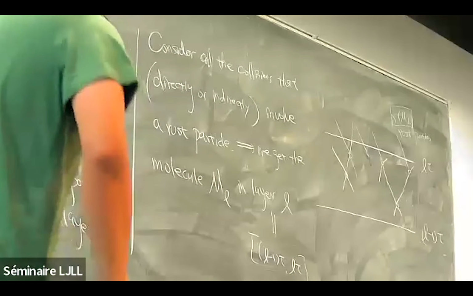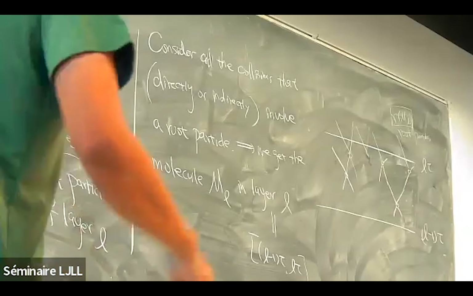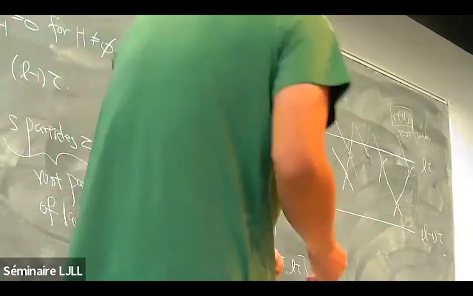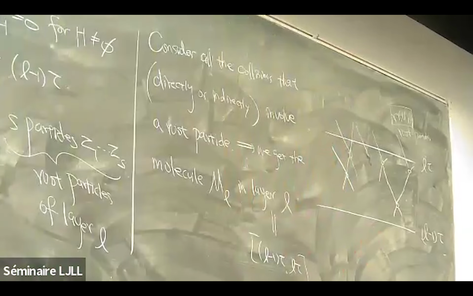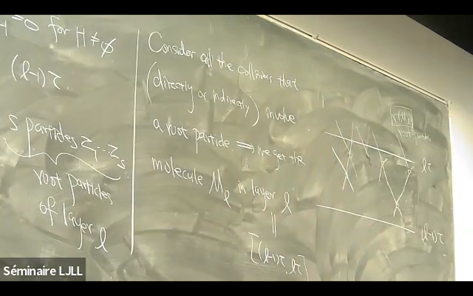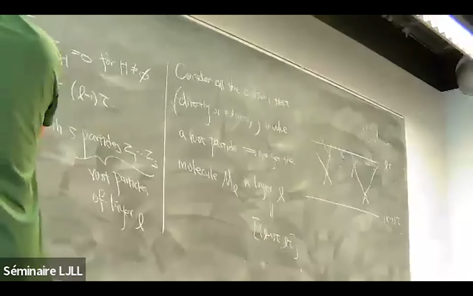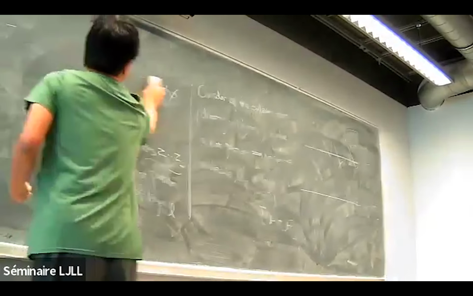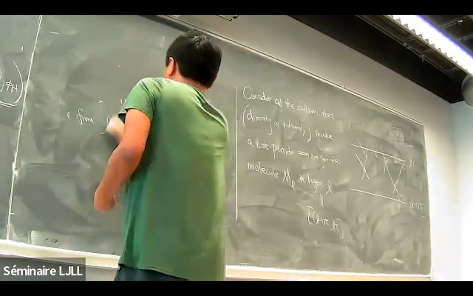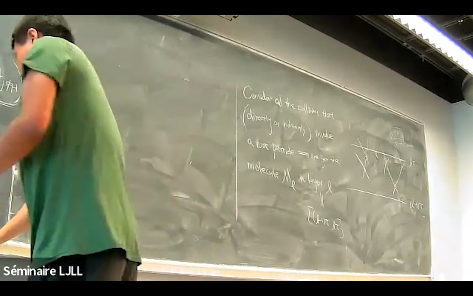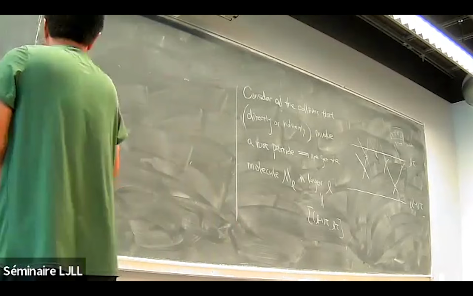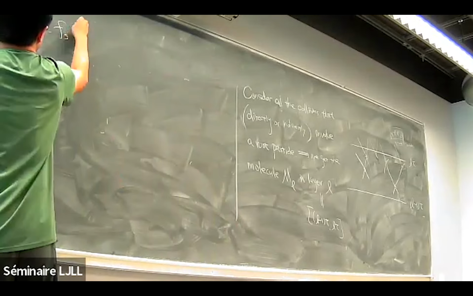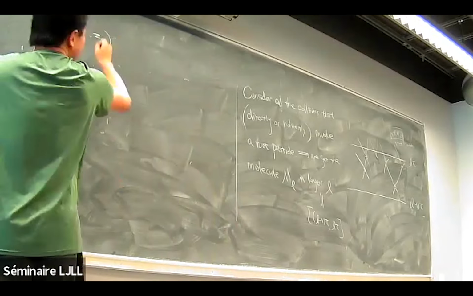Now, given this collision diagram or molecule M, you're going to have this Fs of Z1 to Zs.